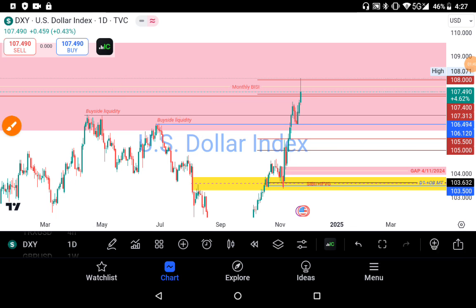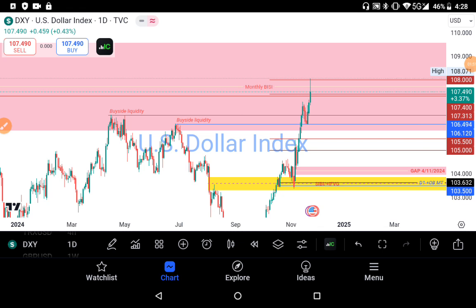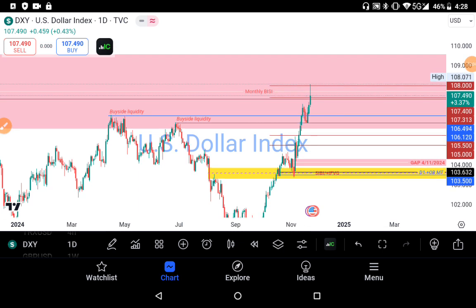So I have had this monthly CB on my chart for a while, so it has been on my radar, and the market price has dug into it.